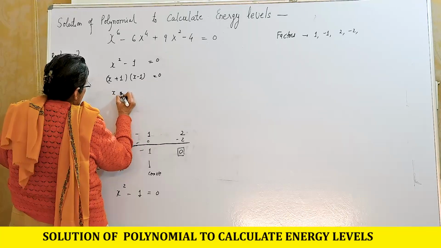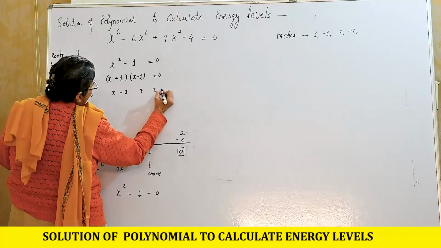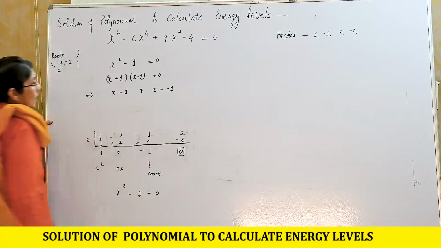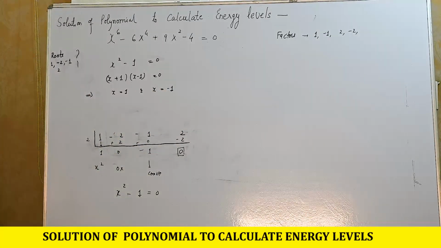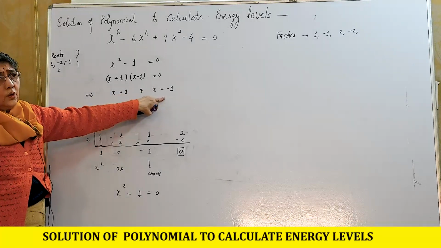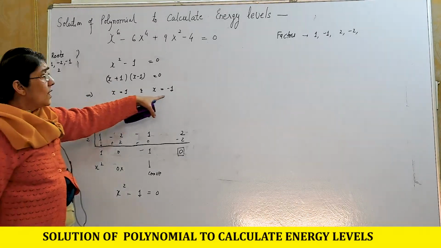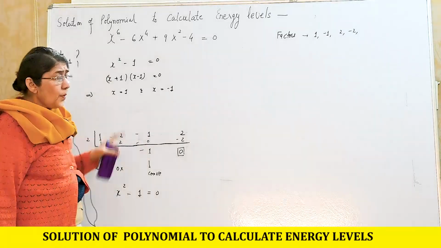So x is equal to 1 and x is equal to minus 1. So you can see that these 1 and 1 are repeated roots. So for these, these are the repeated roots for this polynomial.